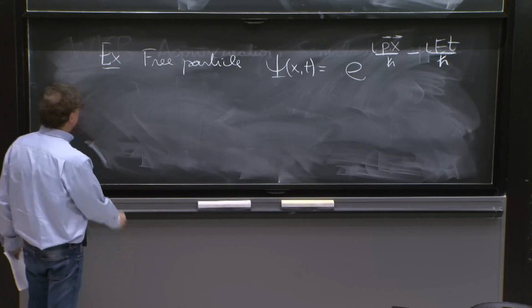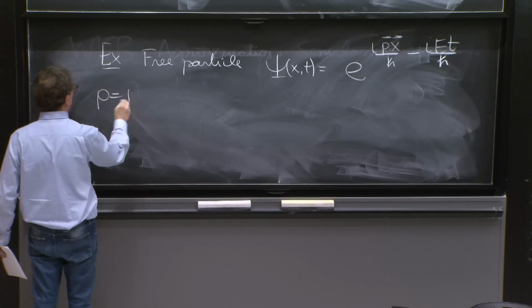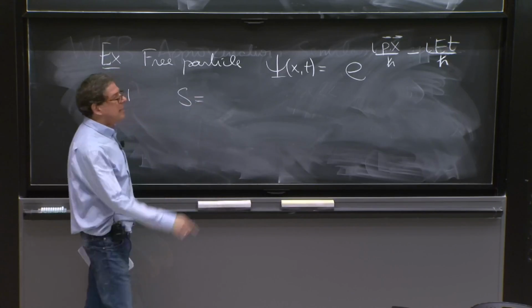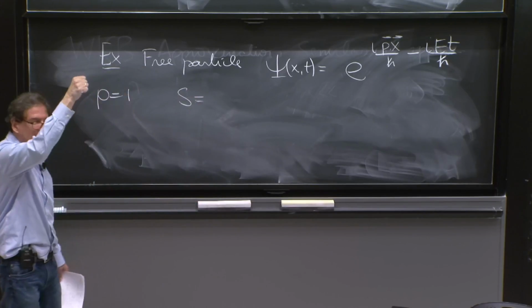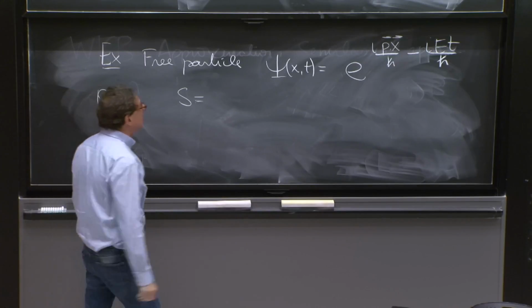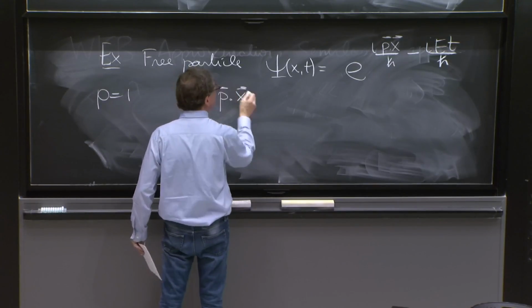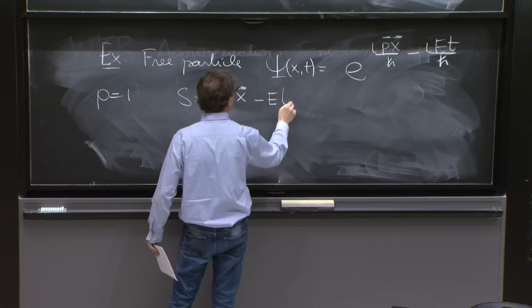So in this case, rho is equal to 1, and S, remember, is read by having an i over h bar out, and that gives you p dot x minus E t.